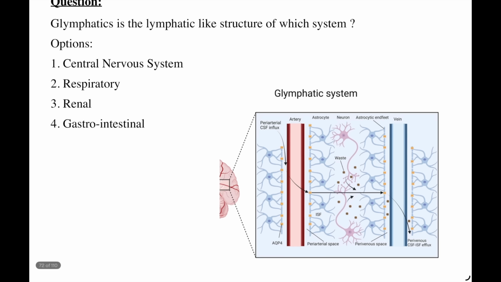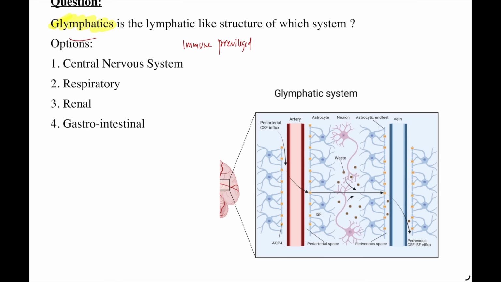Next question, G lymphatics. Have you seen any lymph node in the brain or any lymph duct in the brain? No, right? So brain, for long we used to think that the concept is that brain is immune privileged. Immune privileged because there is no lymph nodes or lymphatics as such. There's no classical lymphatic system. But recently, there were two systems that were identified.